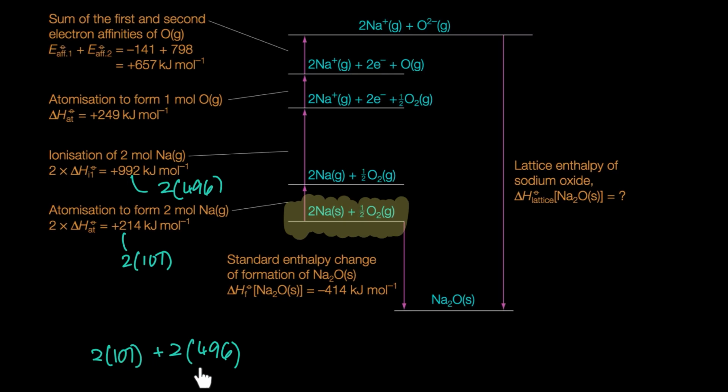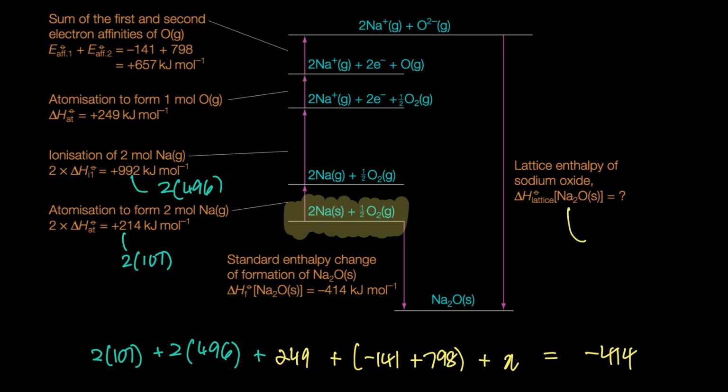I like them as raw data, so it's easier to see, oh, there are 2 of them. And then oxygen is 249, and the sum of the first and second electron affinities are minus 141 and 798. And that plus x equals minus 414. And when you do all of this math, the x comes out to minus 2526 kilojoules per mole.